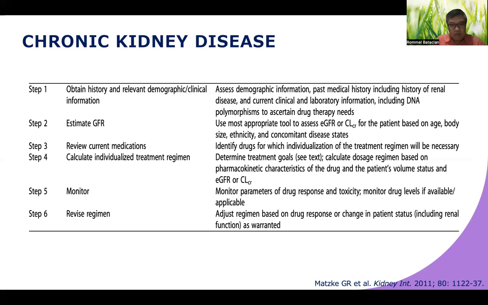You review current medication, because there's a possibility of drug-drug interactions which might increase or potentially decrease the effectiveness of certain medications. You calculate an individualized treatment regimen depending on the estimated GFR. Then you monitor the parameters, whether serum drug level tests or other clinical parameters, and you adjust the dose accordingly.